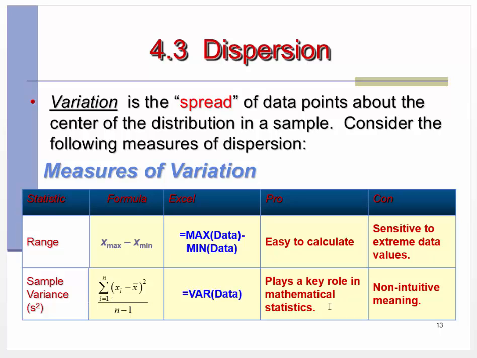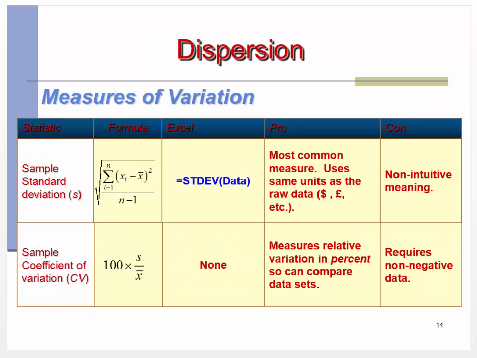This plays a key role in mathematical statistics, as you will see, but it's not very intuitive in meaning. So what does it mean? It's not that obvious to the ordinary eye, but it is a very useful measurement. Next one is called standard deviation, and that is also an extremely important one, and we use it extensively in the later chapters.